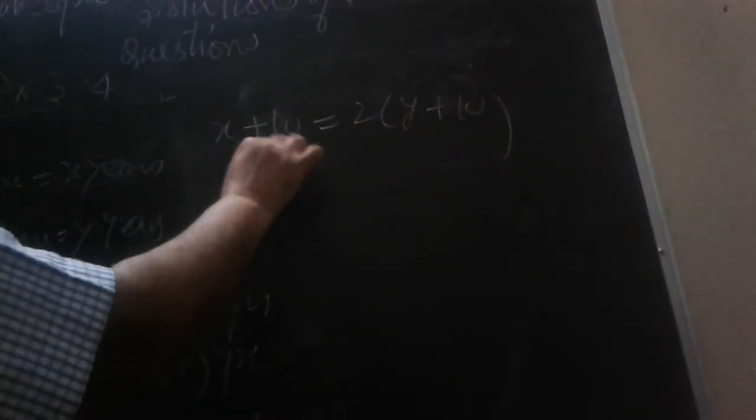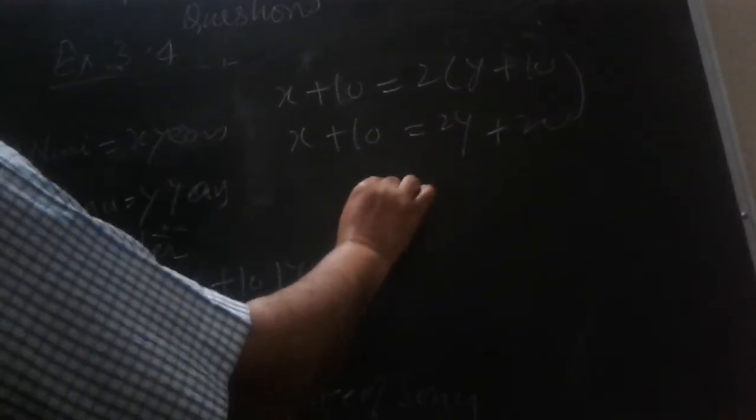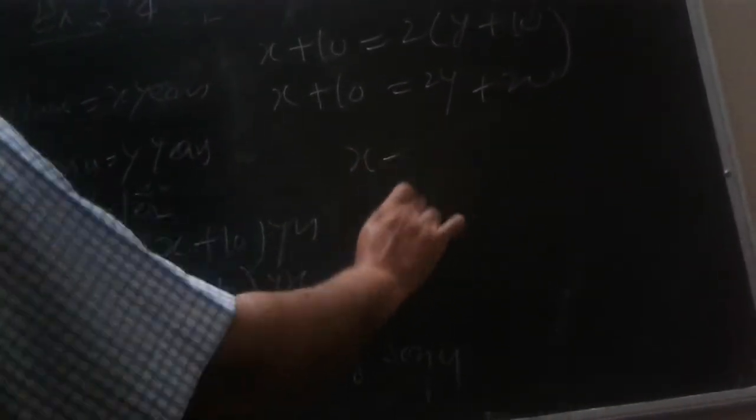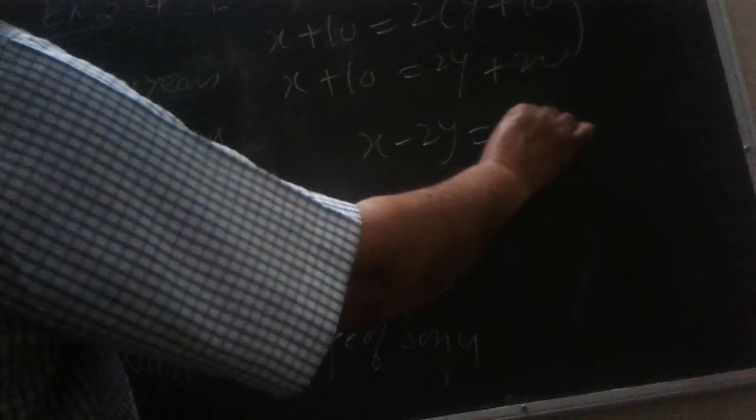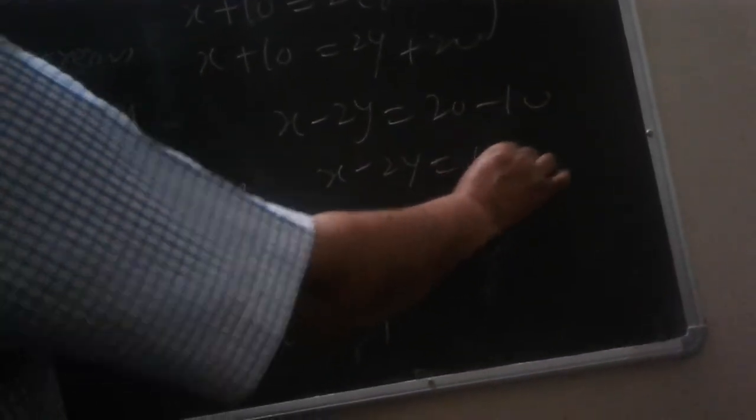We make the equation, and we have got x minus 2y equals 20 minus 10, so x minus 2y equals 10. This is the second linear equation in two variables.